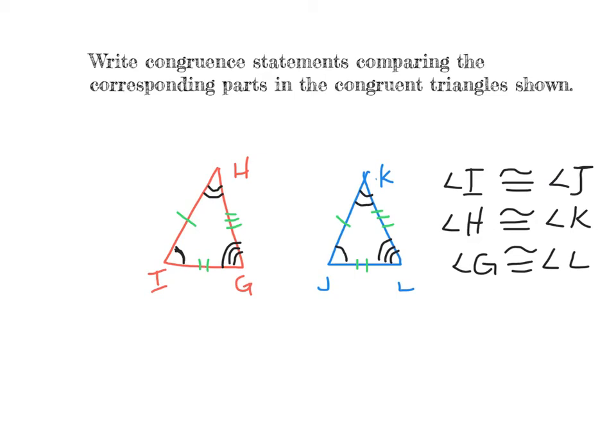So when we're writing down congruent statements for sides, we label the side with both letters on the vertices of that side. So for instance, the first side that I'm going to talk about right here on this figure is IH. So I'm going to write that over here.